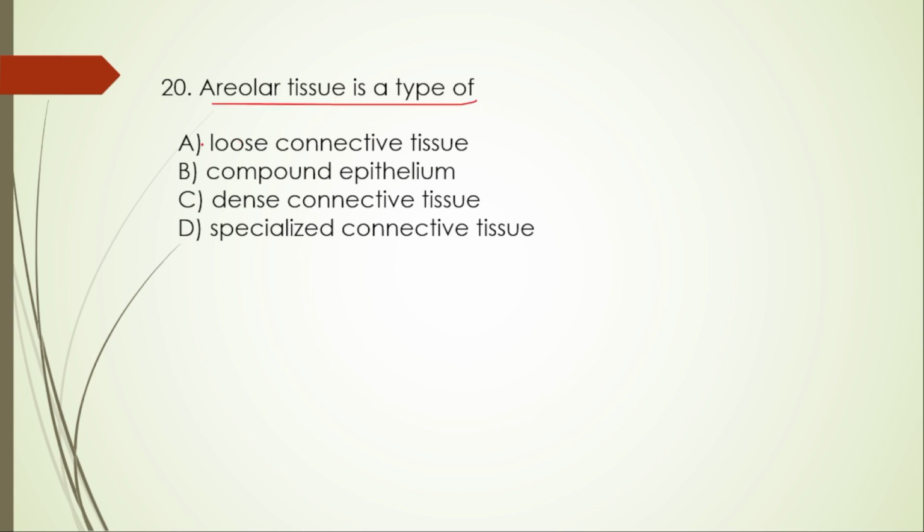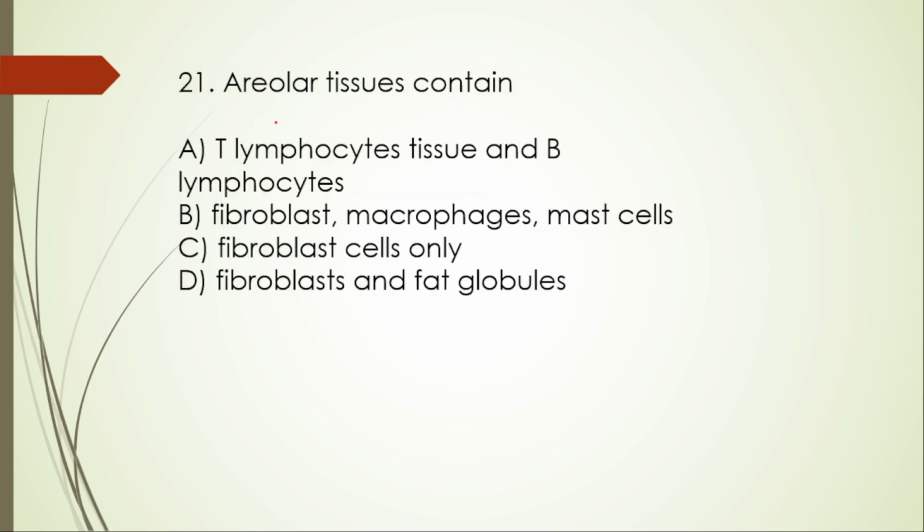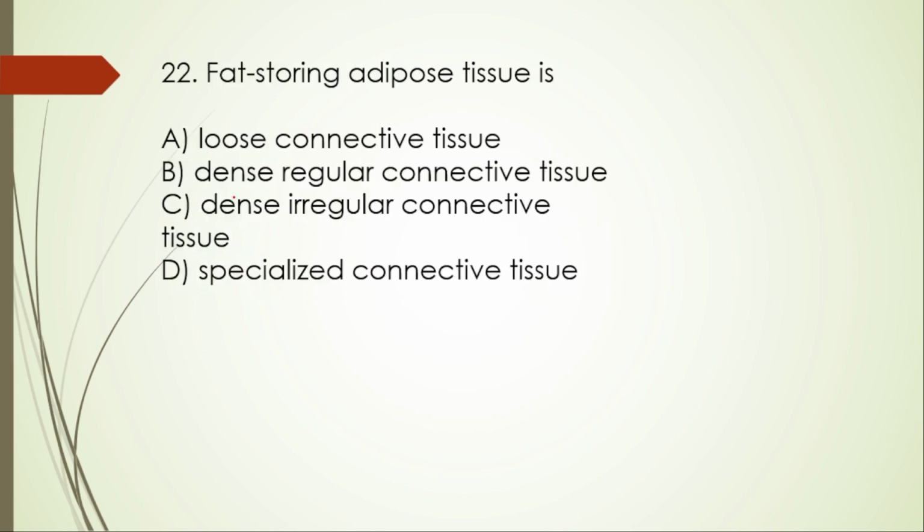Areolar tissue is a loose connective tissue, so option A is right here. 21st question: areolar tissue contains A, T lymphocytes and B lymphocytes, B, fibroblasts, macrophages and mast cells, C, fibroblast cells only, and D, fibroblasts and fat globules. So here the right option is option B.